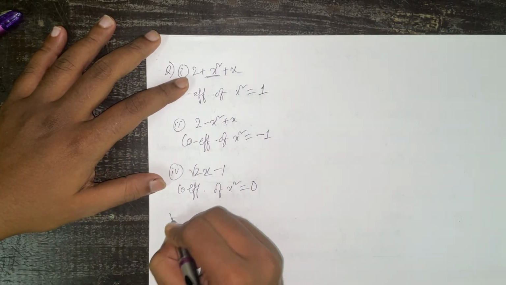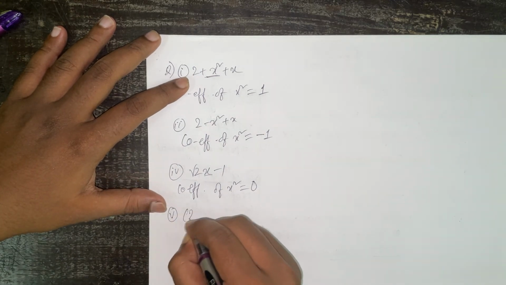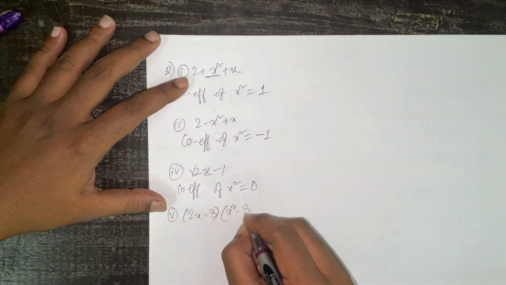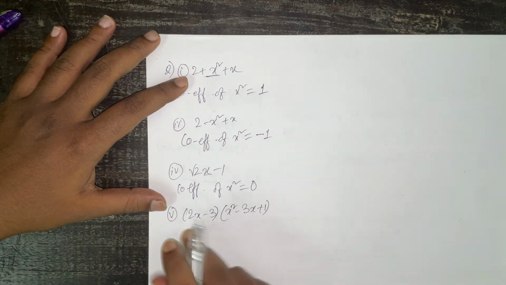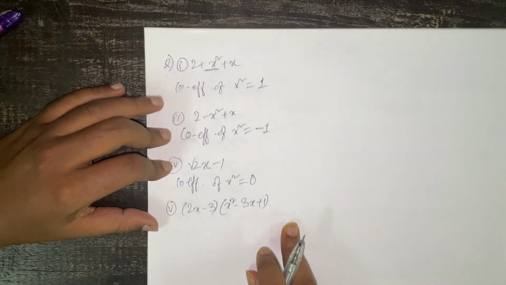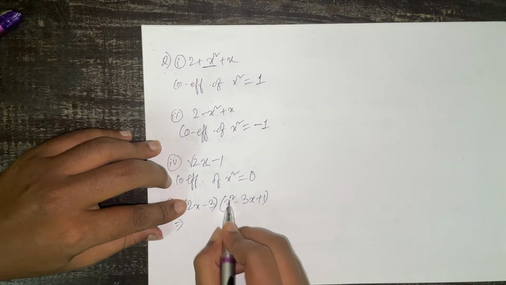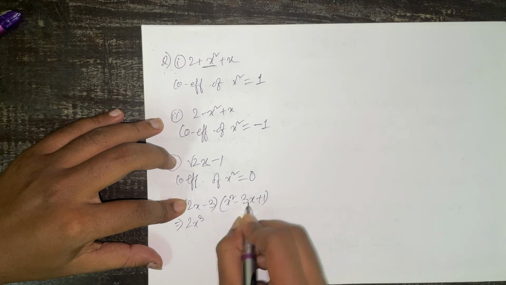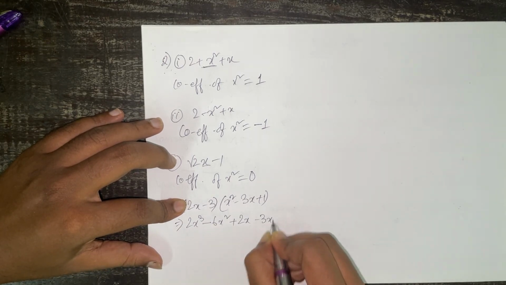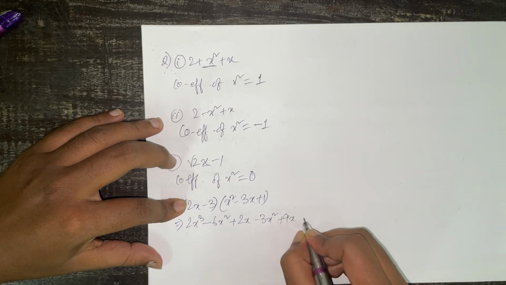And finally number 5. So what do we have to do with 5? It is 2x minus 3 into x square minus 3x plus 1. So these are 2 different factors. To multiply them, we have to simplify this and then find the coefficient of x square. So let's multiply. 2x into x square is 2x cube minus 6x square plus 2x minus 3x square plus 9x minus 3.